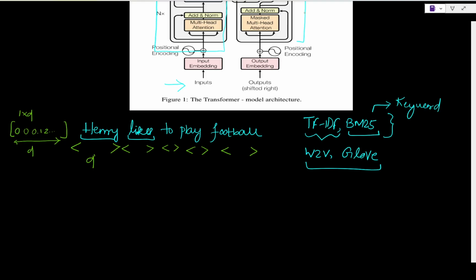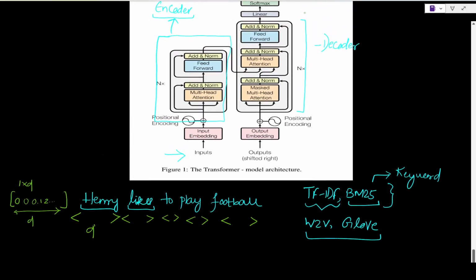Once we have these embeddings, we will start our processing on them. What is it that we are going to do? So if we go back to this model architecture, once we have our inputs, we have the input embedding. There is something called positional encoding. We'll talk about this later. Once I have explained how attention works in the encoder, we'll come to this particular point, why it is important.